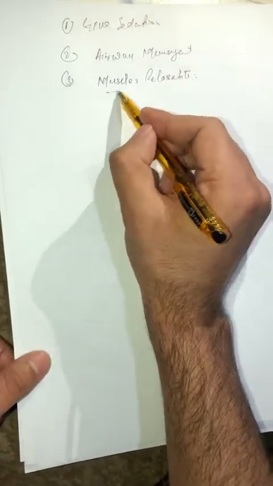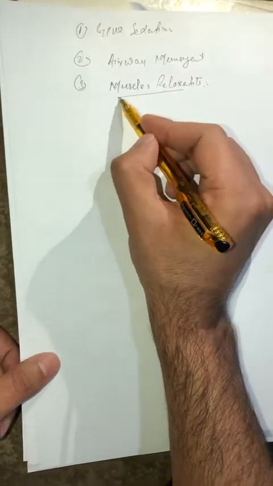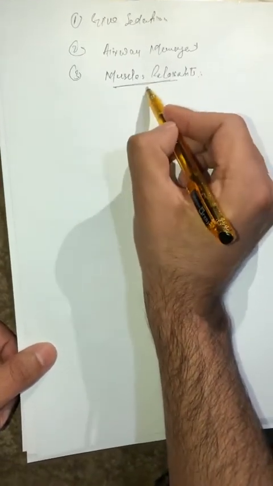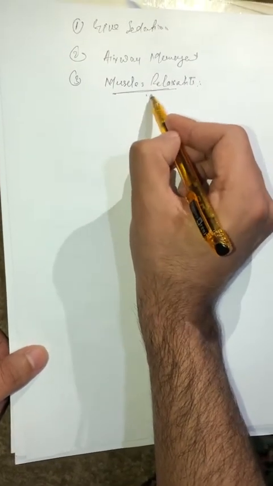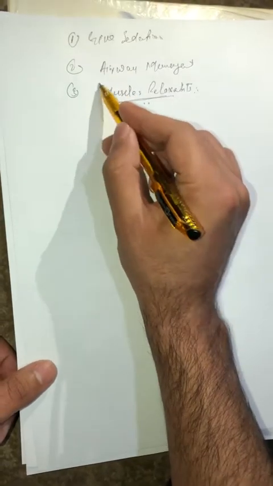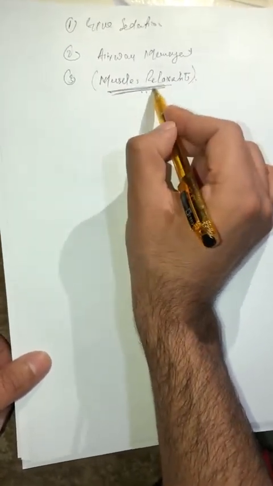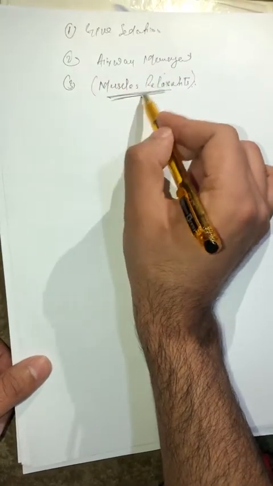After this, always remember, after giving muscle relaxants like succinylcholine, you must shift the patient to the ventilator, because the muscles can't contract after giving the muscle relaxants and the patient can't breathe by itself.